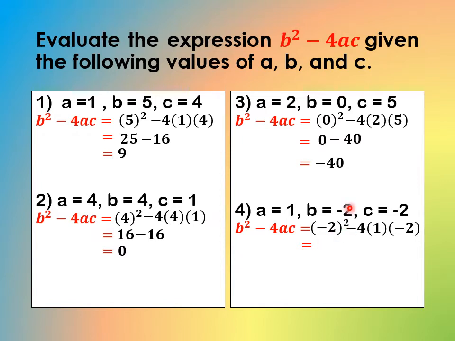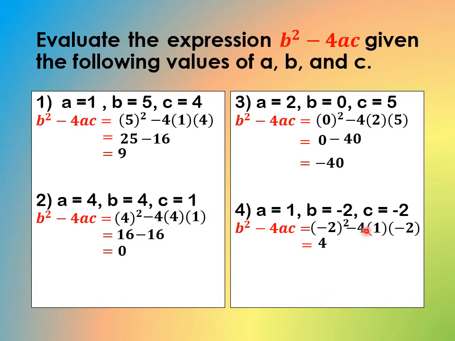Ibig sabihin, negative 2 times negative 2. In multiplying the same sign, or negative times negative, or positive times positive, the product is positive. Okay? So, negative 2 times negative 2, that is equal to positive 4.